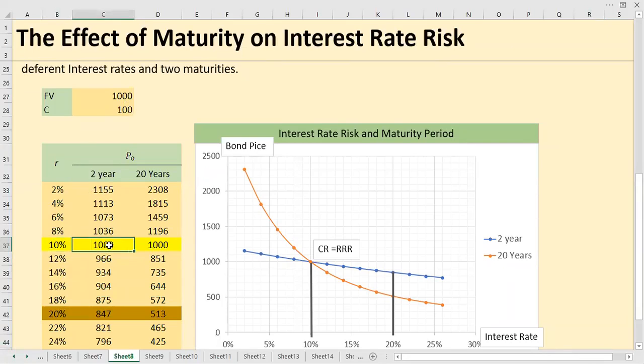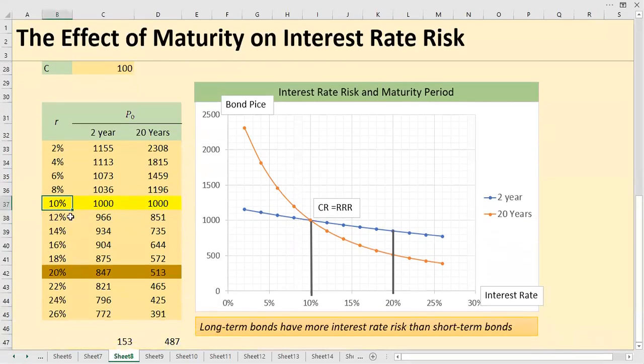If you buy that 1,000 rupee bond, and the required rate of return increases somehow in the coming years, this is what will happen. For example, if you buy it at 1,000 rupees now, if it is a 2-year bond and the required rate of return increases up to 20% in the next year, the price of your bond will drop to 530.